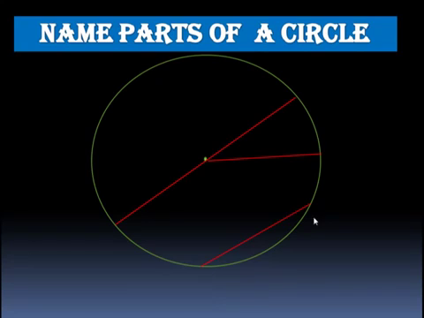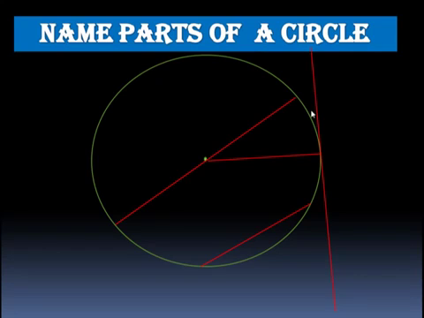So far we're doing a straight line, and the end points of this line touch the circumference here and here, and so we refer to that as a chord. This is also a chord, again passing through the center, so it has a special name, the diameter.